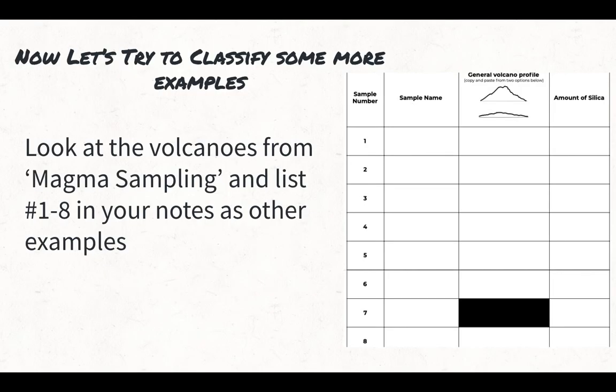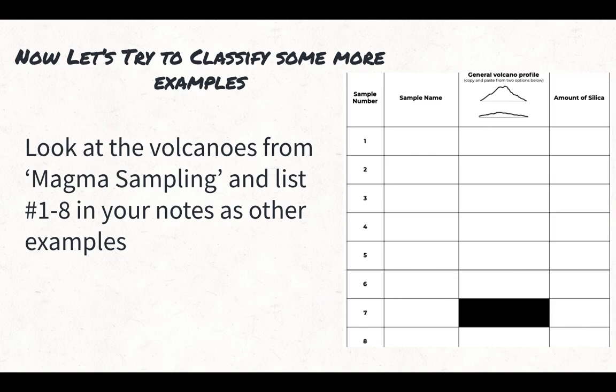So now you're going to try your hand at this and see if you can start to classify some more examples. We already talked about the examples of Krakatoa, the Black Smoker, and Tahiti, but I want you to practice looking at the silica and trying to figure out what location that volcano formed in.